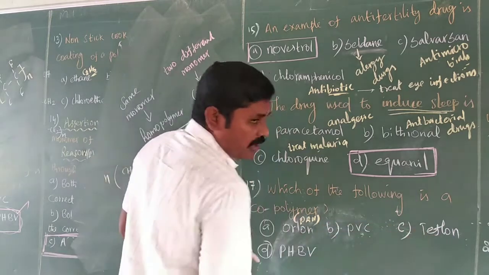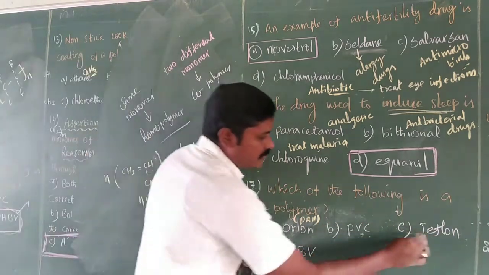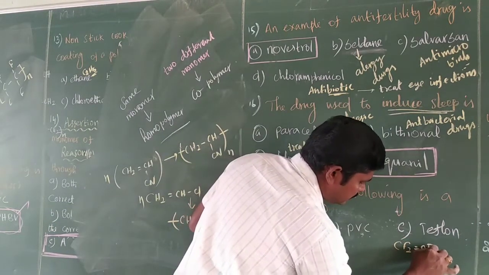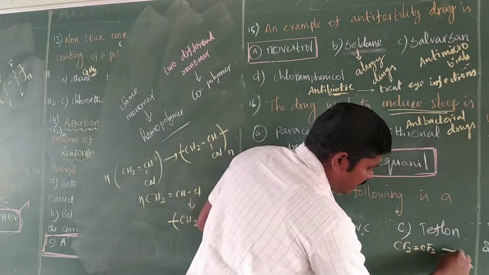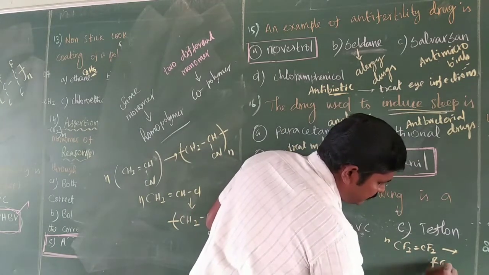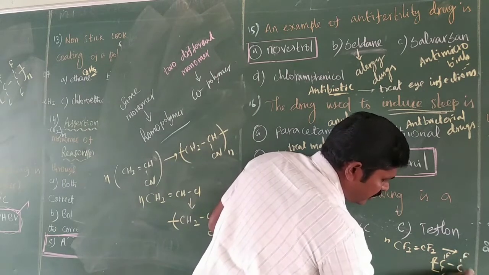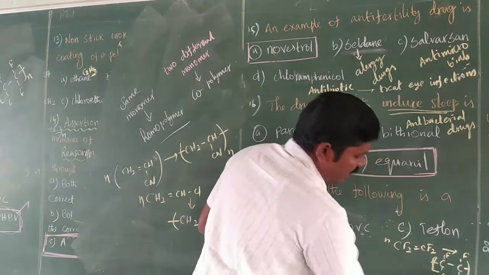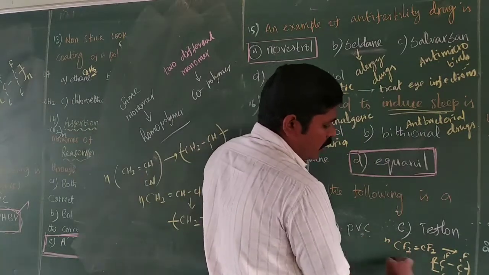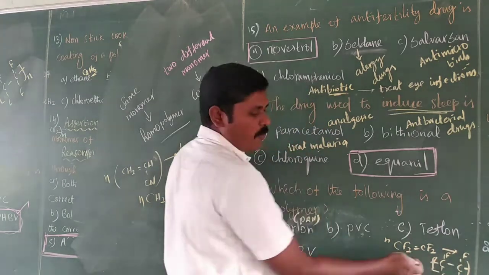Next, Teflon. CF2 double bond CF2, n times, will give CF2-CF2, n times. Okay, Teflon. So a number of the same monomer units gives polymers. Those polymers are also homopolymers.